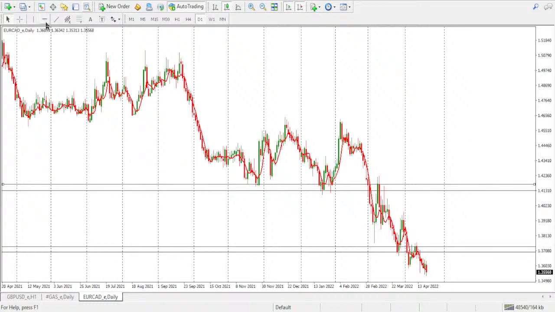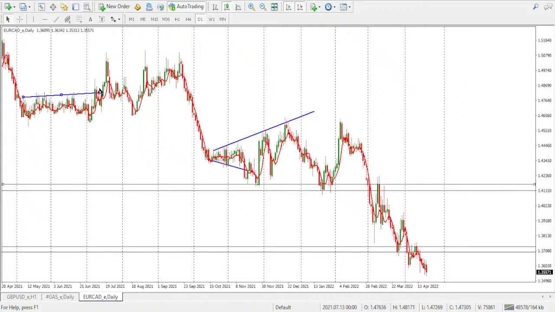We have a trend line like this, another one like that, and another one like that.